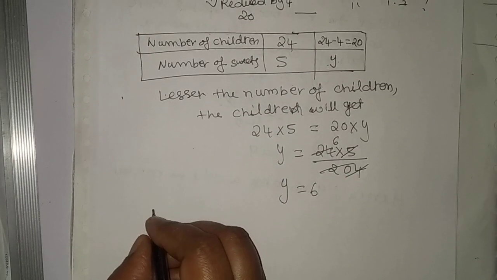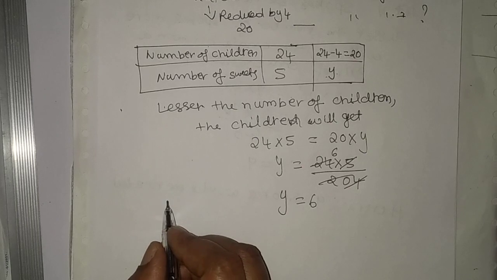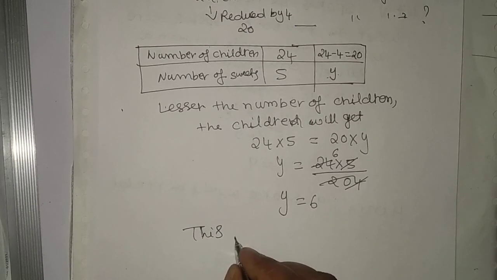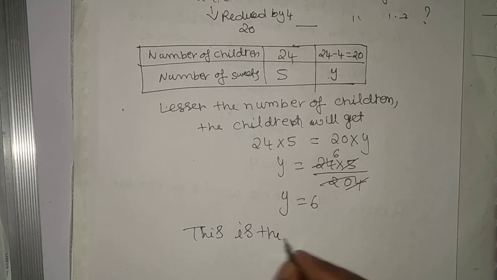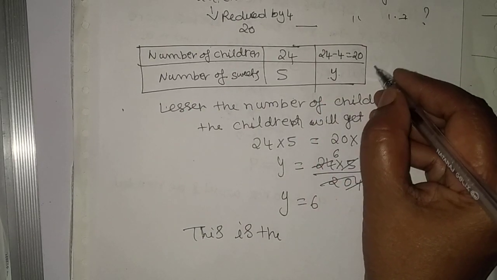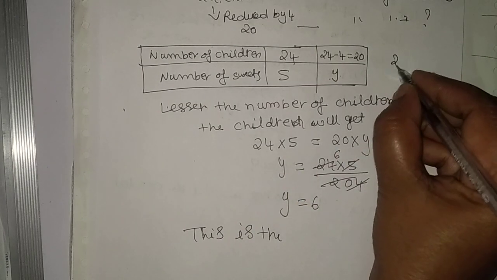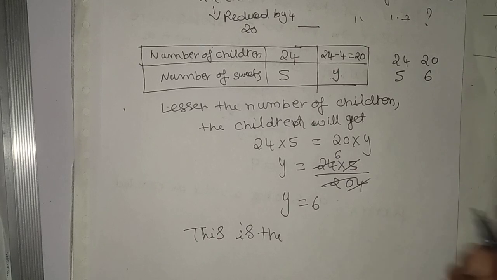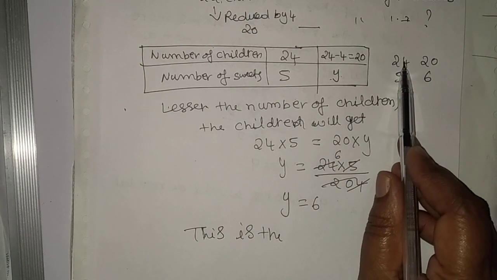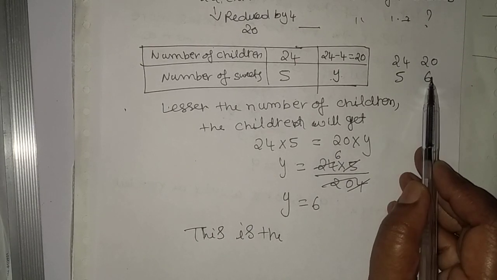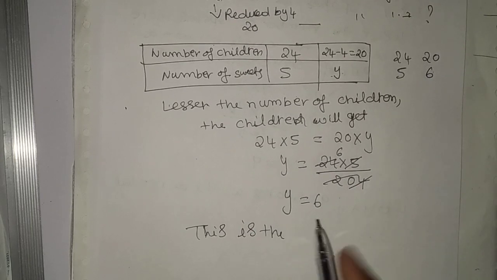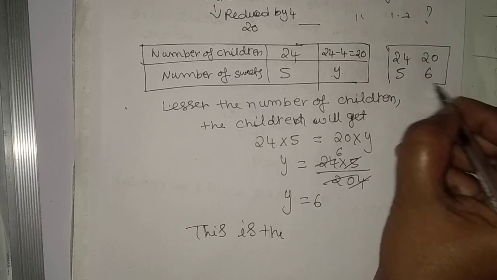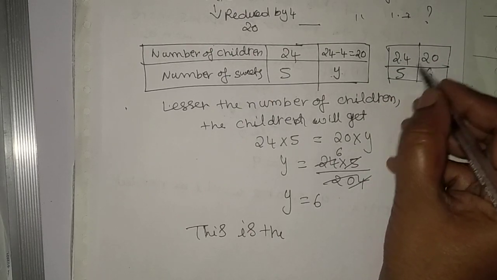So what is the condition here? This is the case of inverse proportion. See here, continuing the table: 24 children means 5 sweets, then 20 children means 6 sweets. So as this decreases, this increases. This is the complete table. 24 children, 5 sweets.